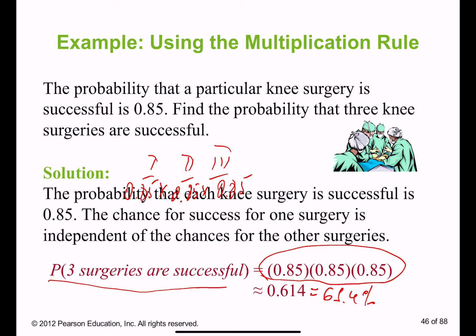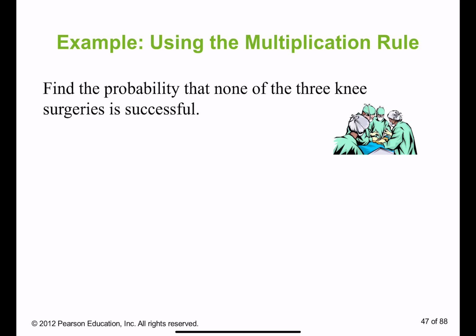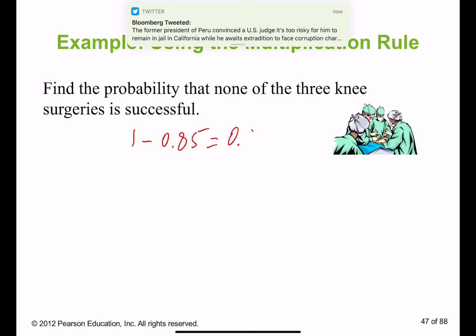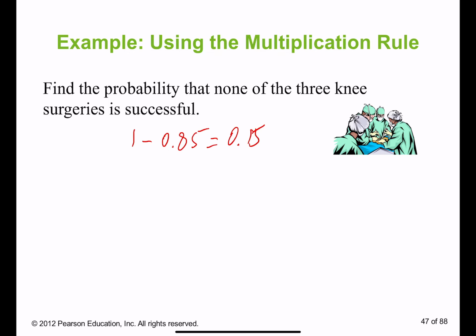Okay, moving to the next topic. Find the probability that none of the knee surgeries is successful. If 0.85 is successful, then not successful is going to be 1 minus 0.85, right? 0.15, yes? So it's a kind of complement. If 85% is successful, that means 15% is not successful, which means none of them.